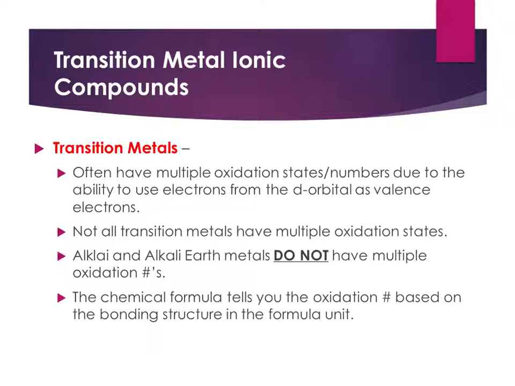Okay, so as I mentioned, transition metals sometimes have multiple valence. And why is this? Well, some of the transition metals are able to use electrons in the d orbital as valence electrons. Now, I've always told you that the valence electrons are the s and p, and that is correct.